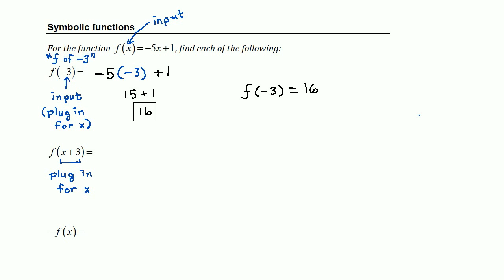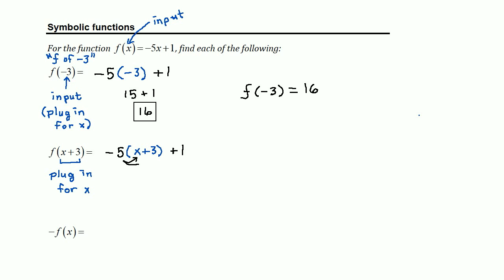Since I have a variable expression as my input, I'm likely to end up with a variable expression as my output as well. So I still take the formula negative 5 times, this time the input, x plus 3, plus 1. And this time I have to simplify.